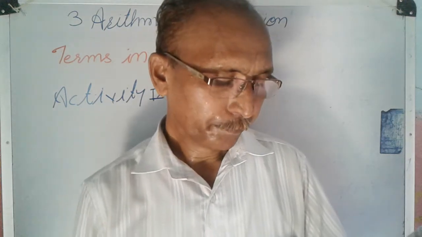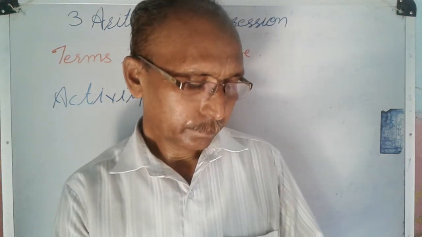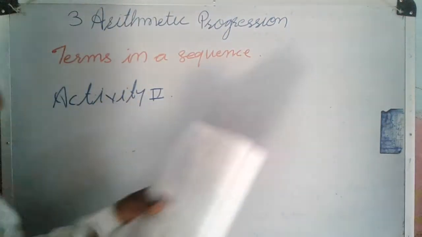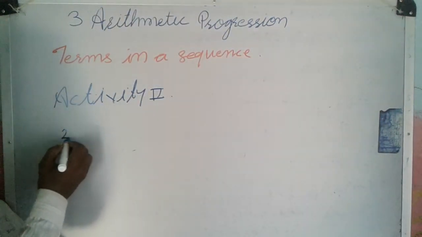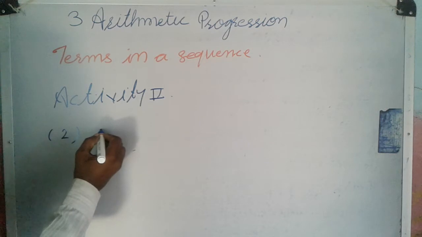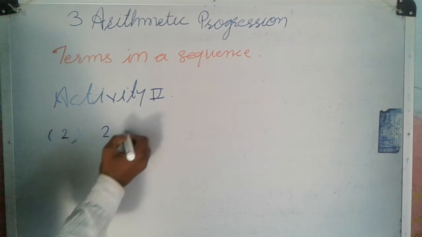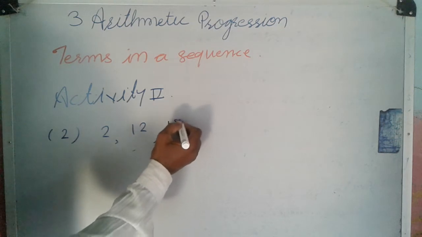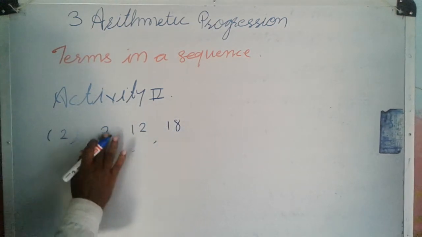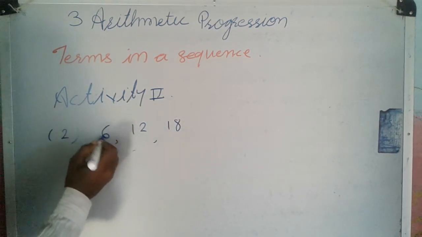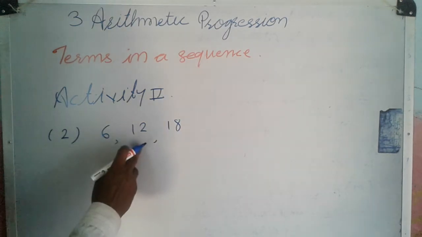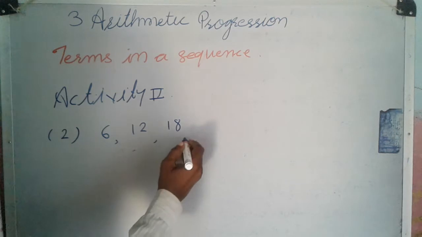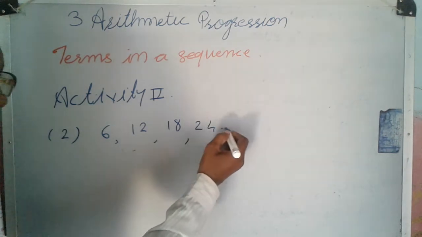Now see here, I will take the second example. Your first term is 6, second 12, third term 18, fourth term 24.